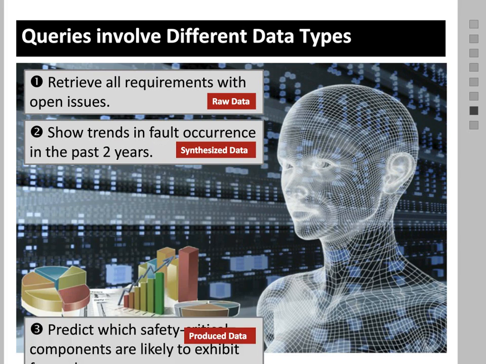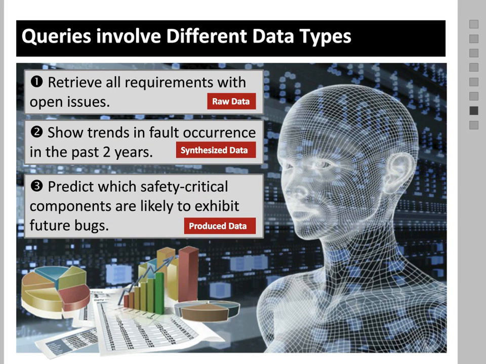The first one here, we ask, for example, to retrieve requirements with open issues. So this is very basic. We're just querying the data to get the basic information back for us. Currently, this is actually a problem for some people because they don't have good query mechanisms in place. The next two are related. The first one is synthesized data.